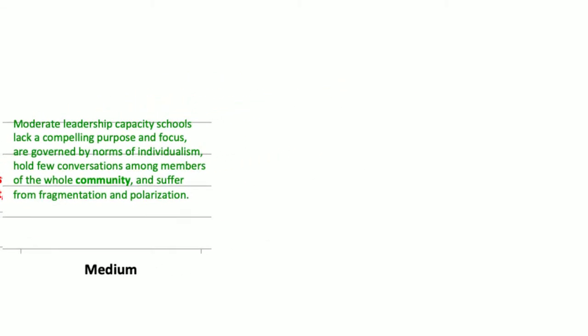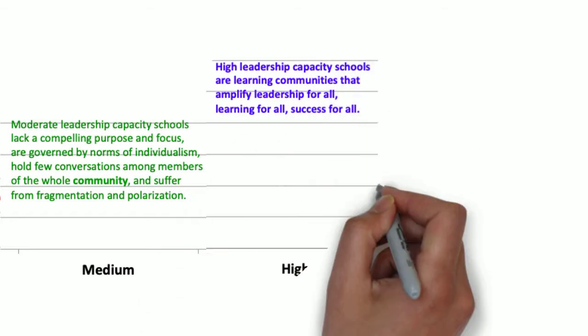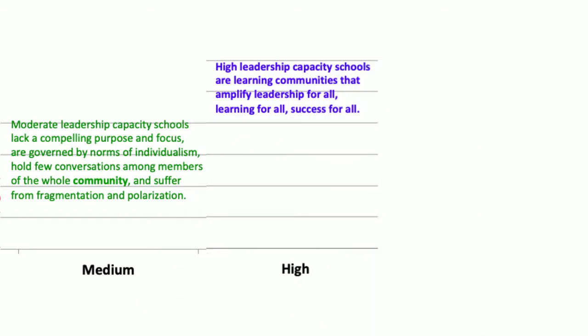This is what she describes as the medium capacity schools. She then moves on to describe the high leadership capacity schools that are learning communities that amplify leadership for all, learning for all, and success for all.